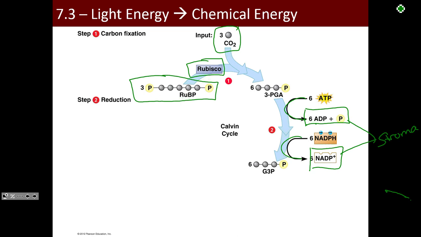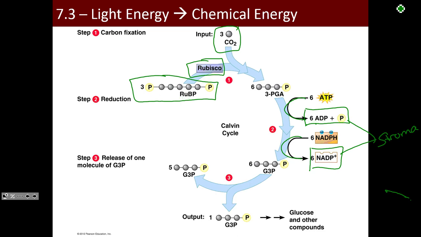This cycle continues forward, the Calvin cycle, and here, after we've added all that energy, we have some G3P molecules. We have a total of 6 for each round of the Calvin cycle, and those 6 molecules, 5 of them are going to move forward. Only 1 exits. So for each round of the Calvin cycle, we only get half of a glucose, 1 G3P.